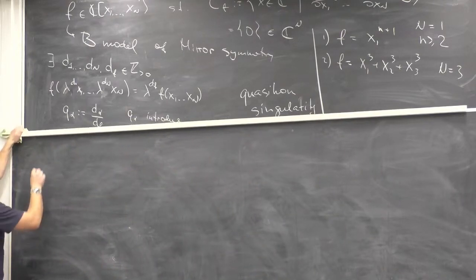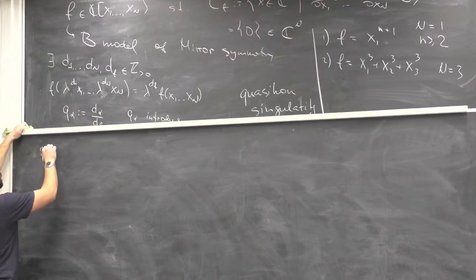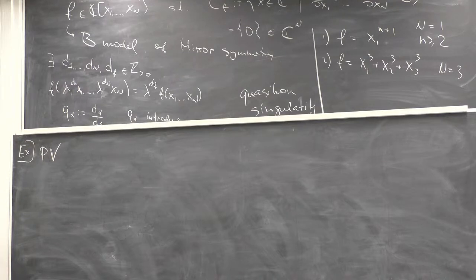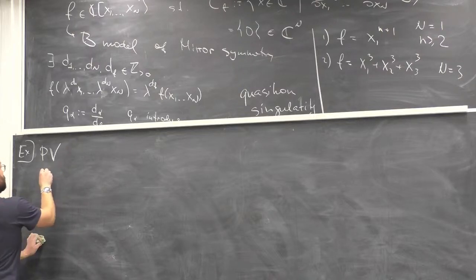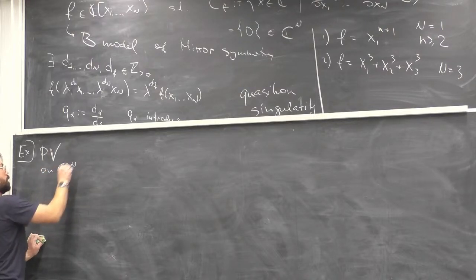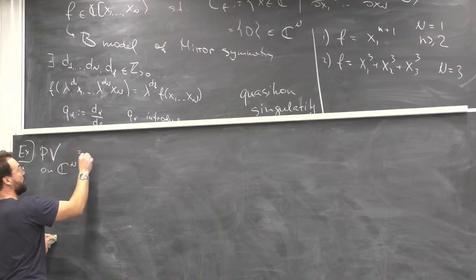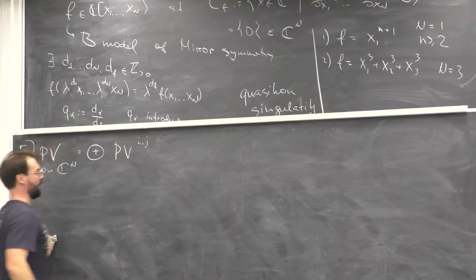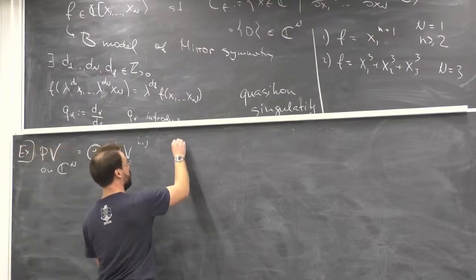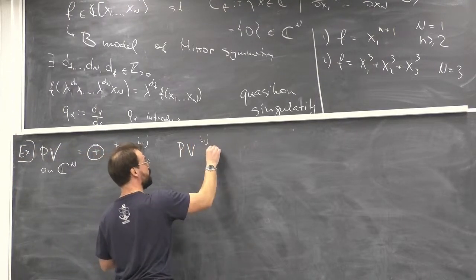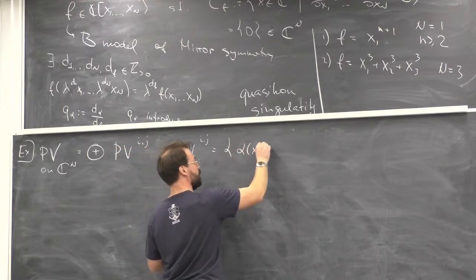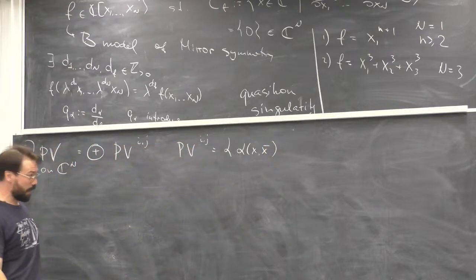So if one considers the space of polar vector fields on C^n, namely, that will be the direct sum of PV^{p,q}, where PV^{p,q} will consist of all possible polynomials in x and x bar.